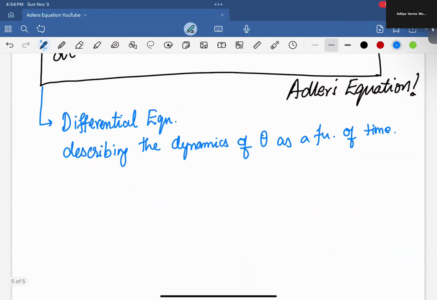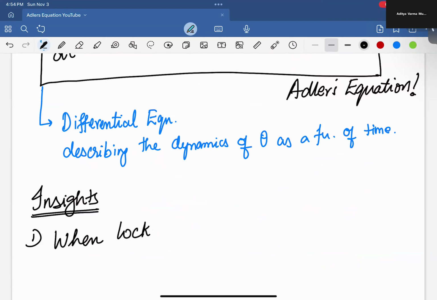Okay, so let's see what are the big insights from this. So the first insight is that when you achieve locking, theta is constant. And so once it's locked, the phase of the oscillator with respect to the injected signal is fixed, right?